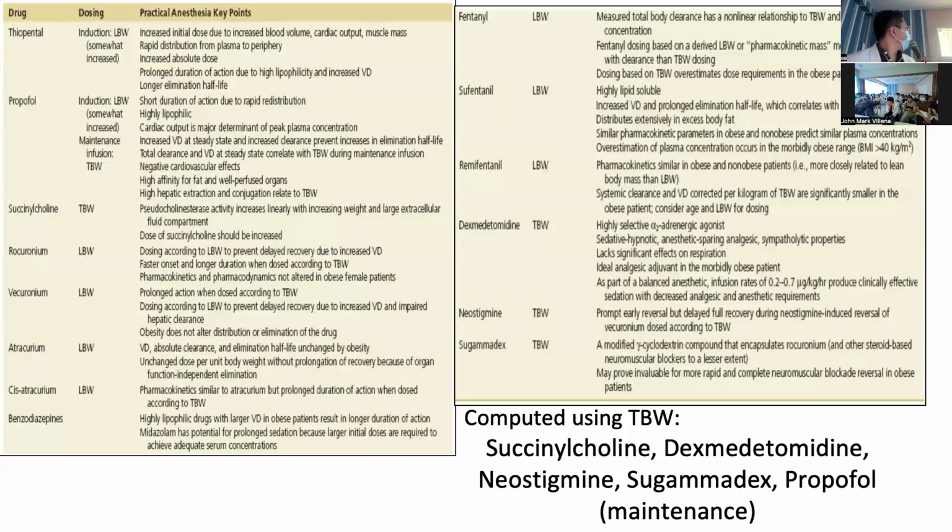So, when it comes to drug dosing, we should consider the volume of distribution for administering the loading dose and the clearance for the maintenance dose. A drug that is mainly distributed in lean tissues should have the loading dose calculated based on lean body weight. And if the drug is equally distributed between adipose and lean tissues, dosing should be calculated based on total body weight.